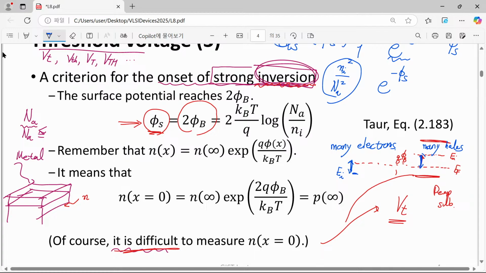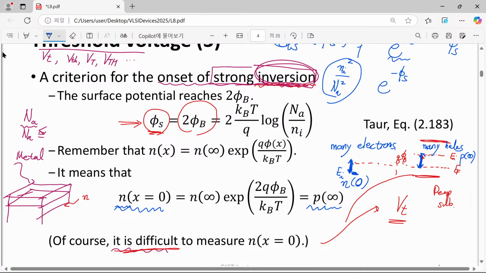because electron density and hole density are solely determined by the energy difference between our Fermi level and the intrinsic Fermi level. So if we set the same difference, only different polarity, then we can say electron density at 0 point is equal to hole density at infinity point. This is the relation for our inversion, the onset of strong inversion.